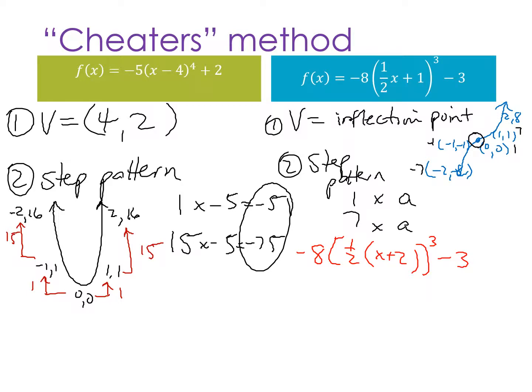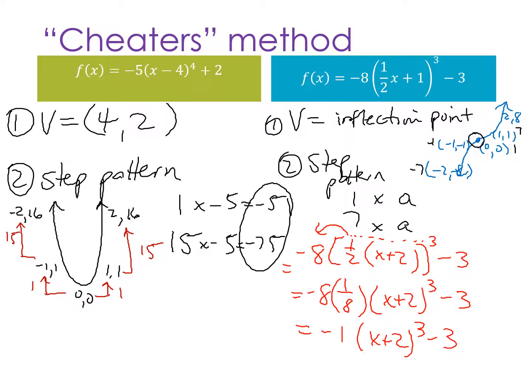If I want to bring this 1/2 outside, if I leave that barrier, I have to cube it. What is 1/2 cubed? 1/8. And then you're left with x plus 2 cubed and then minus 3. And the awesome thing that happens there is that negative 8 times an eighth gives you negative 1.